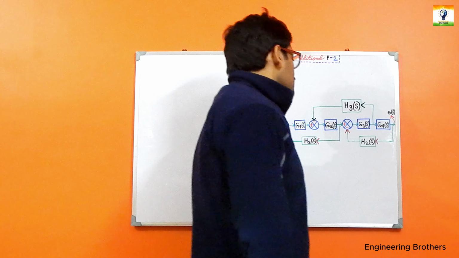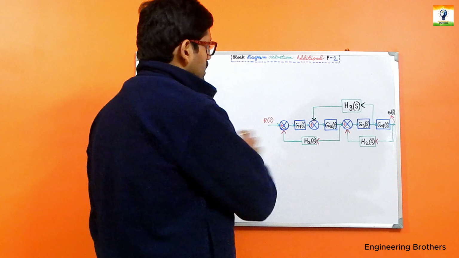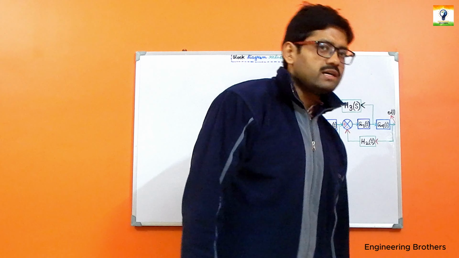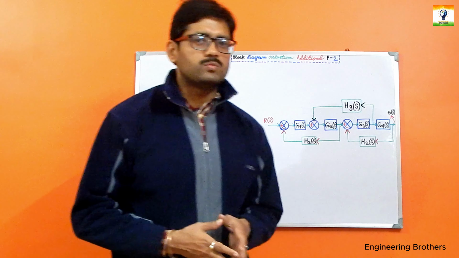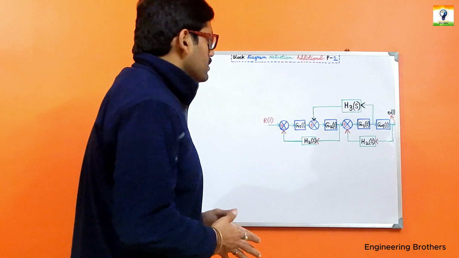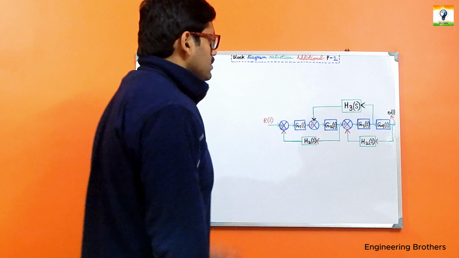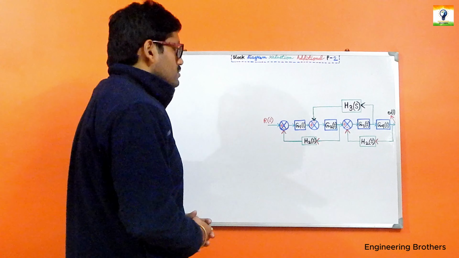Quite naturally, you can feel that these block diagram reduction problems are very essential for us. That is why I have considered this type of additional problems. Why? Because if your concepts are clearer, then you will complete this type of challenging problem.